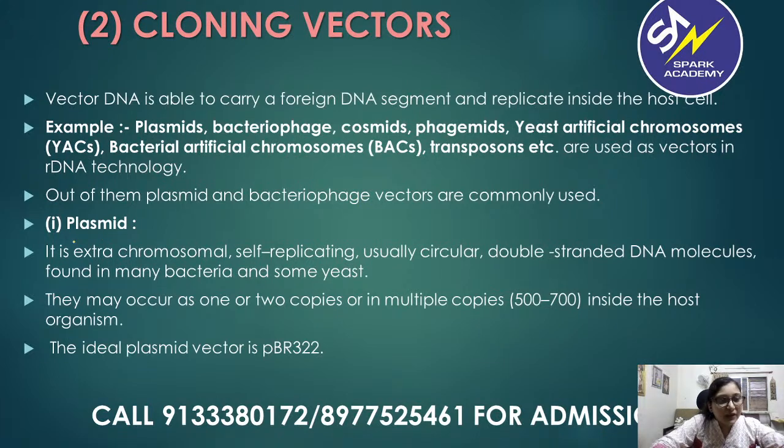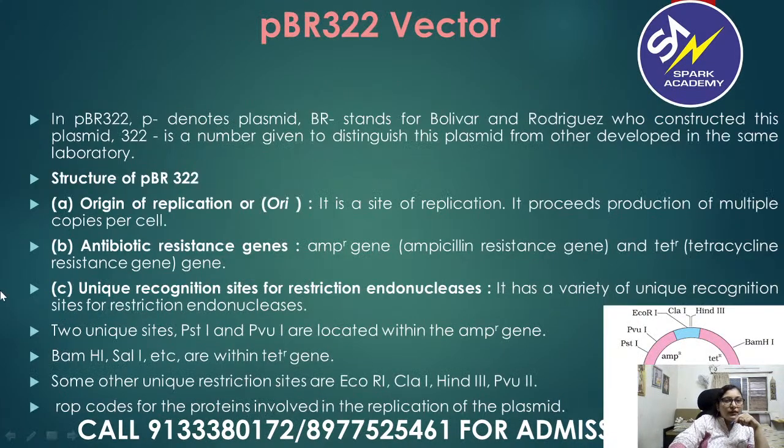So plasmid is an extrachromosomal, self-replicating, usually circular, double-stranded DNA molecule found in many bacteria and some yeast. They may occur as one or two copies or in multiple copies inside the host organism. The ideal plasmid here is PBR322, as a vector.